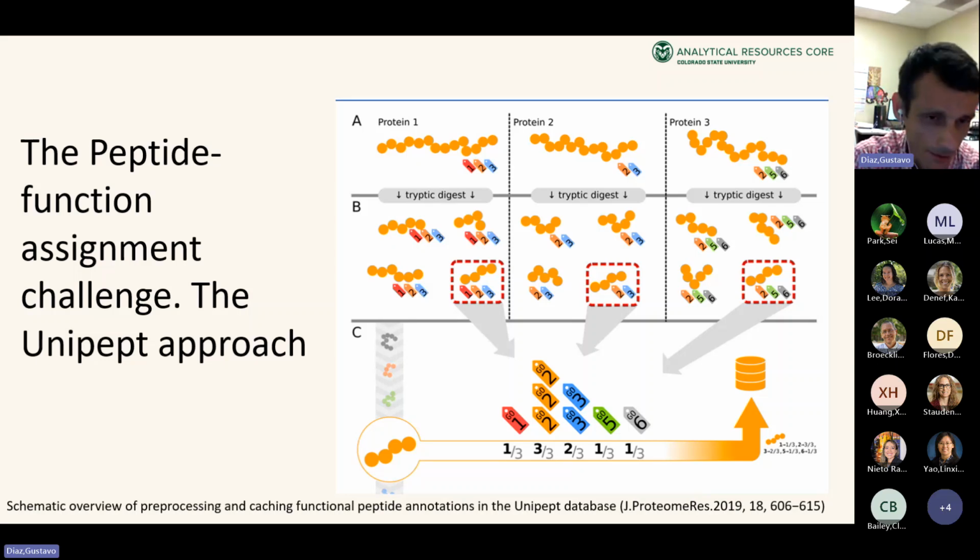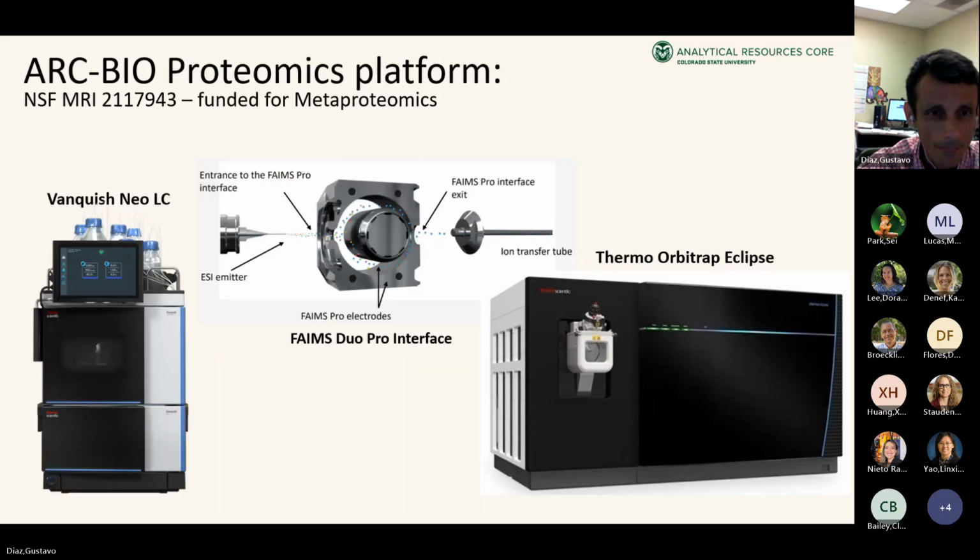So we have not only GO terms that are biological function, biological localization, but also enzyme commission. So those are basically all the processes that we need to face in order to conduct a complete metaproteomic study.